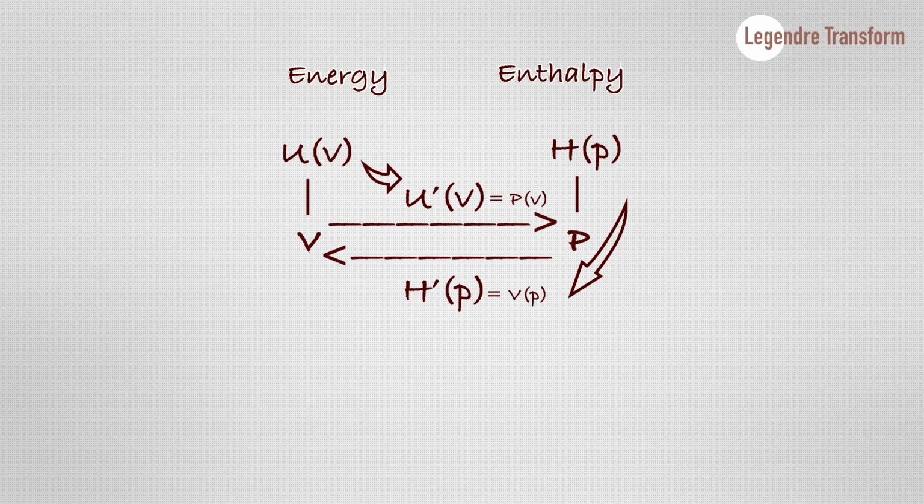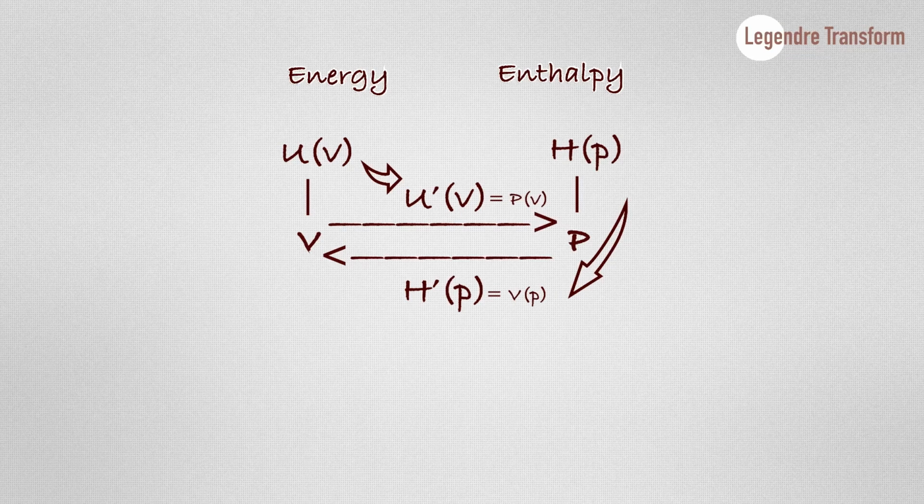And then the Legendre transform is about, okay, if this is true for the correct U and the correct H, how is U of V and H of P directly related to each other? What is the direct transformation between U and H that creates this nice change of variables?